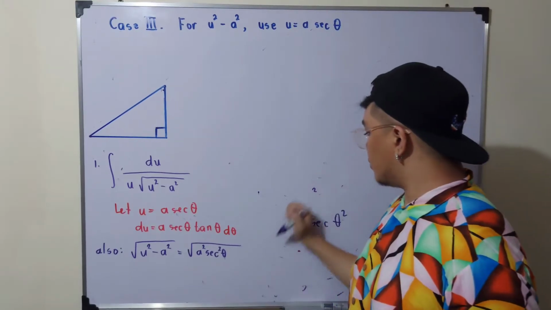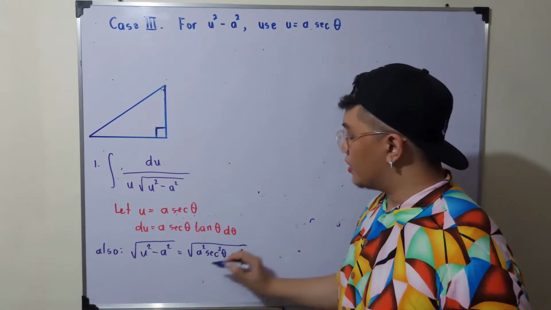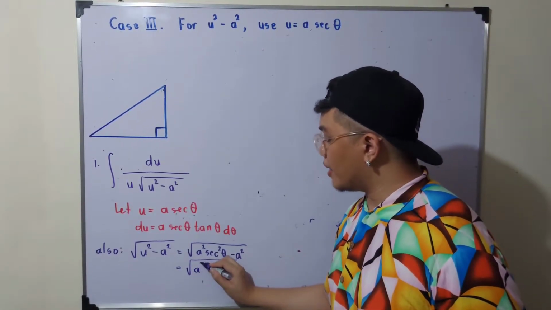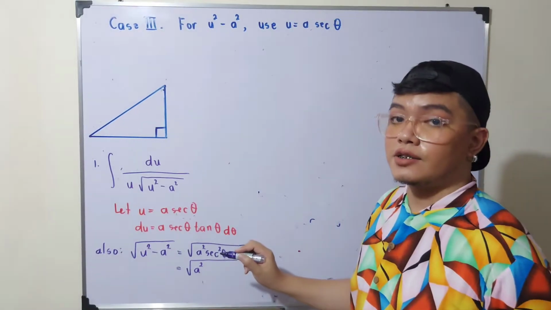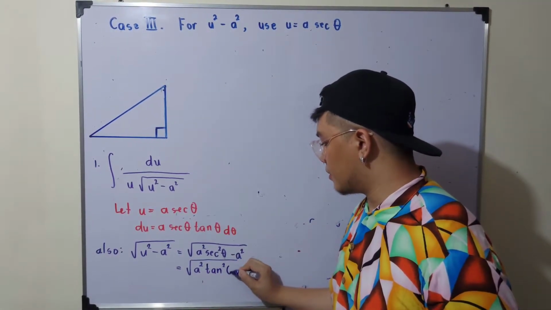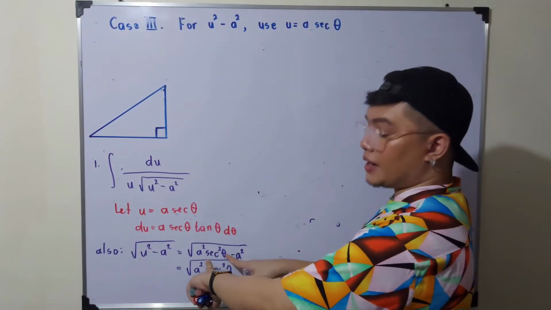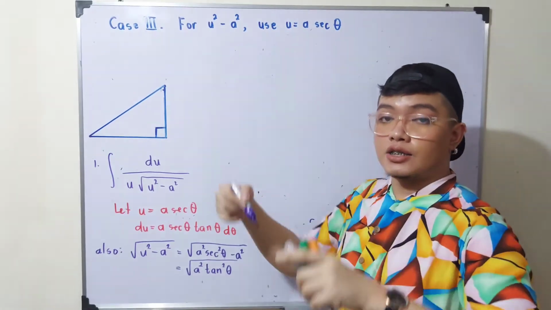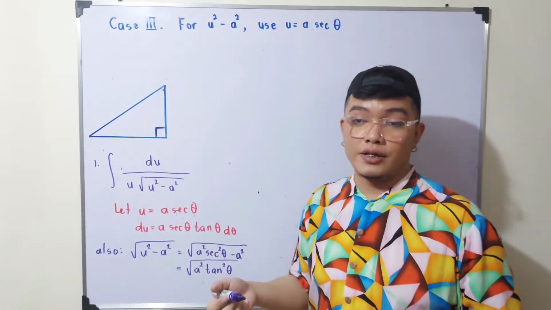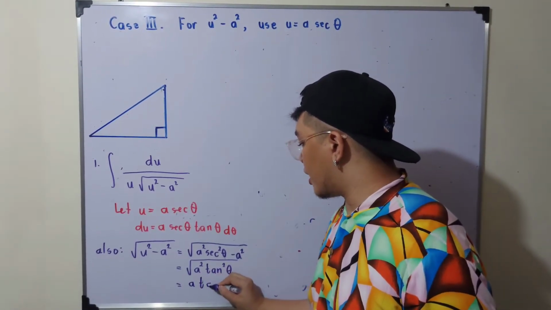So going back to this, we have minus a squared. So factoring, we have a squared and magiging tangent squared na yan. So may common factor, tapos natitira nga ay secant squared theta minus 1 at equal yon sa tangent squared. And we have here a tangent theta.